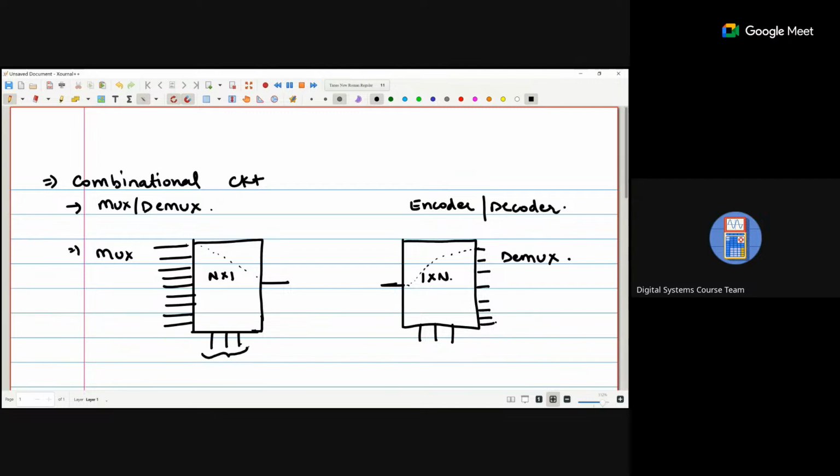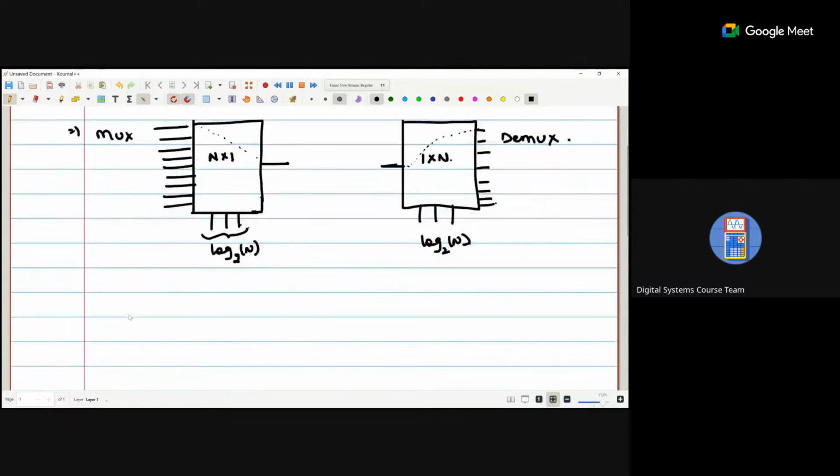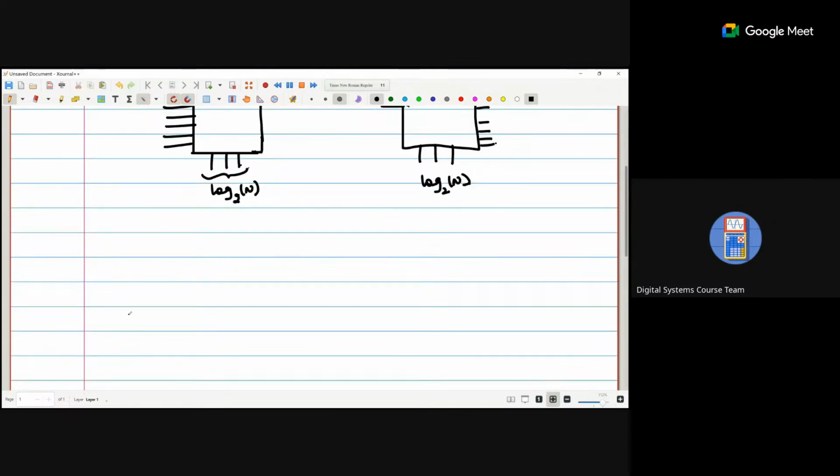And how many select lines? The number of select lines is log 2 of n. So that means if we have an 8 cross 1 mux, we have 3 select lines.